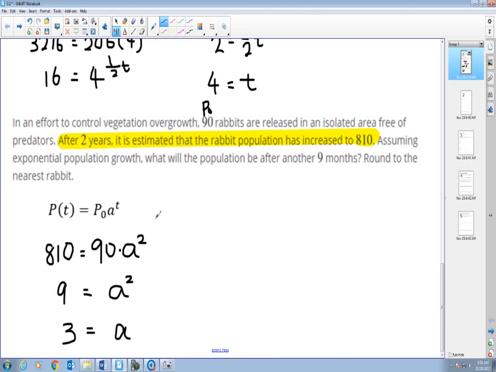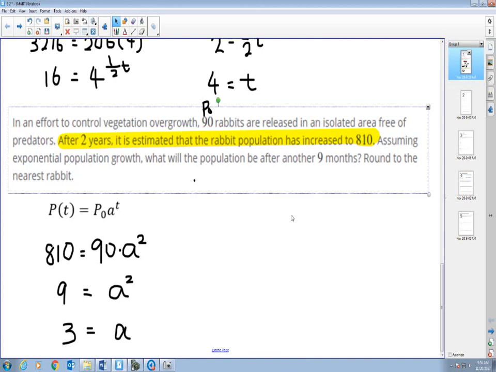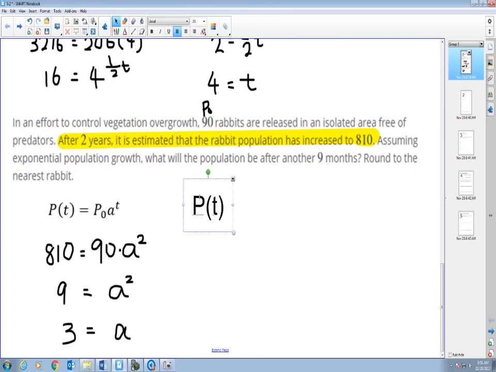Alright, so once I find my base, my population after some time t is now going to equal the initial population 90 times my growth rate 3 raised to the t power.